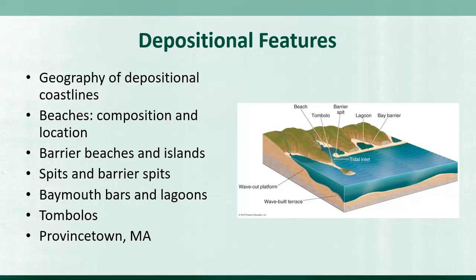And that's because it's on a west coast. And the west coast in North America gets a lot more wave action than the east coast, as we'll see in Provincetown, where we have a lot more deposition taking place. So remember that the broad ocean and wind patterns that we've already talked about in this class have an impact on where we find particular features.